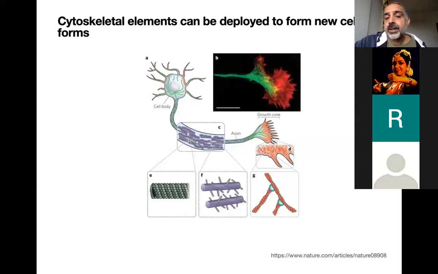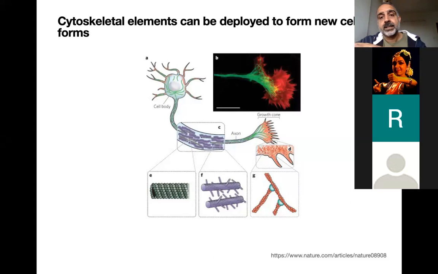So the growth cone, if you look at B, consists of actin in red, and in green it consists of microtubules. And you can see that the growth cone is busy ramifying through the organism, looking for various structures. It's sending out these filopodia and lamellipodia and exploring its space.